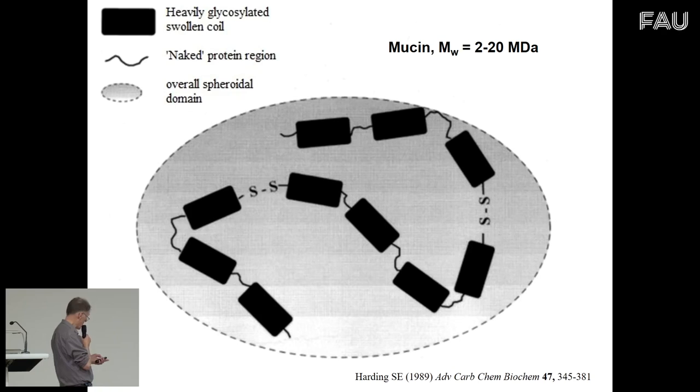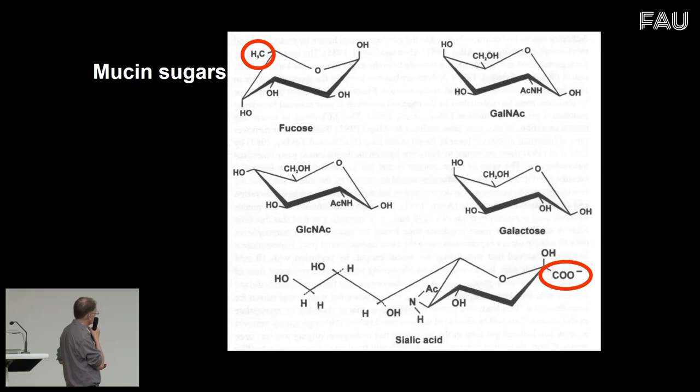And these are very highly hydrated, large structures, heavily glycosylated, about 80%, and with an overall swollen domain with high hydration. But the sugars are interesting because they contain things like fucose, sialic acid, characteristic regions for interactions.